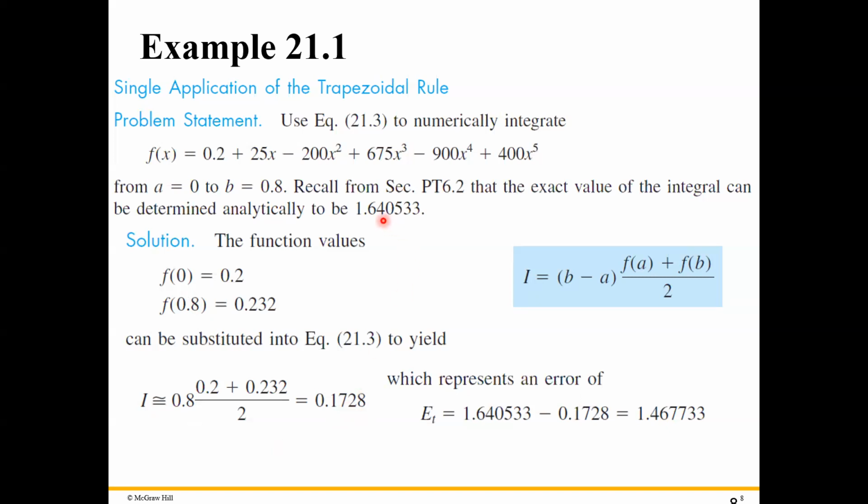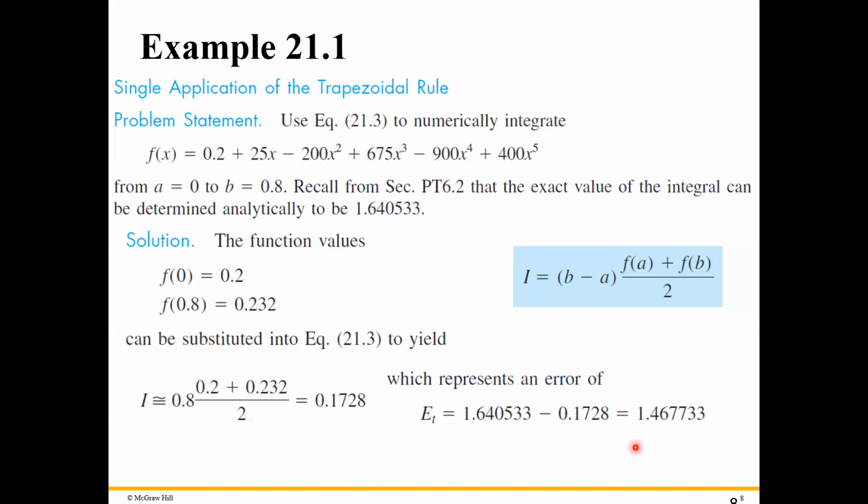The actual value was 1.64. The approximate value is 0.1728, which is of course much different. So the error is about 1.46, which is about 89.5% error. Of course, it is expected in this case because we are trying to approximate a fifth order polynomial with a first order polynomial.